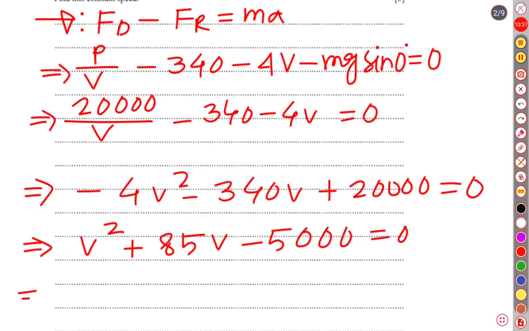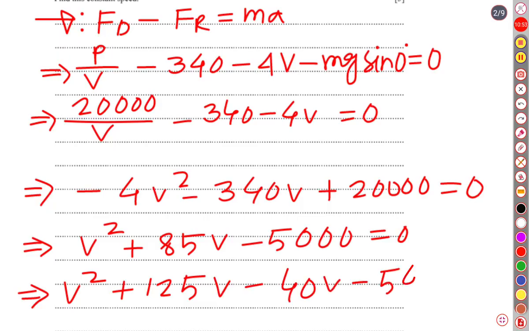Now if we expand this, v square plus 125v minus 40v minus 5000 is equal to 0.